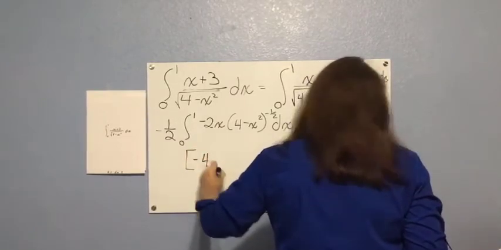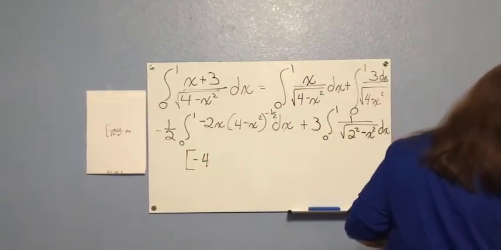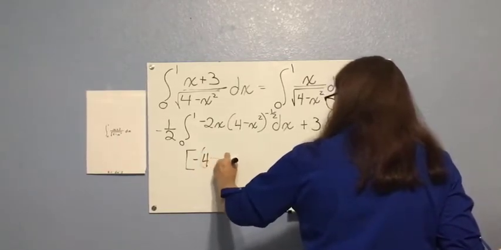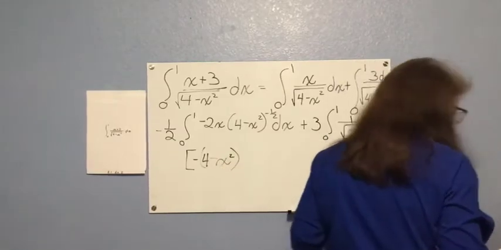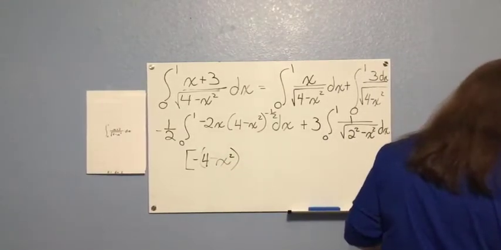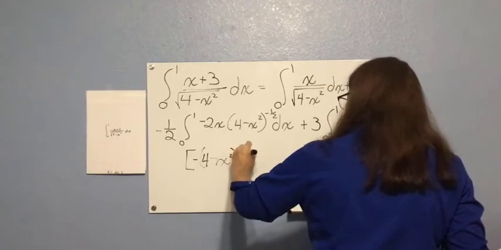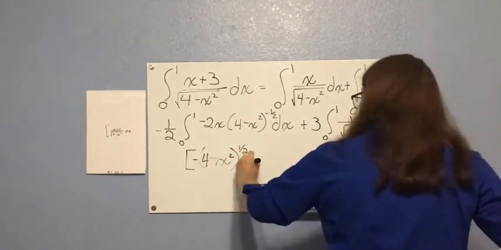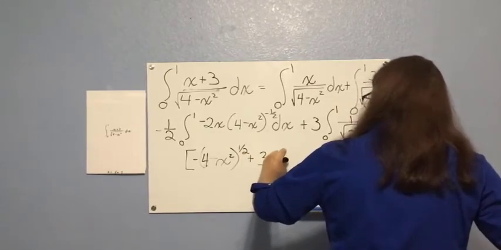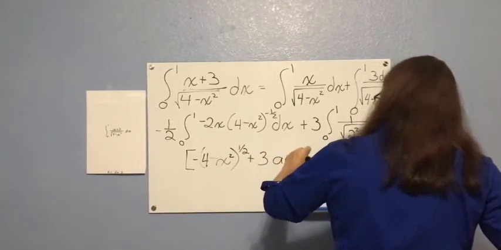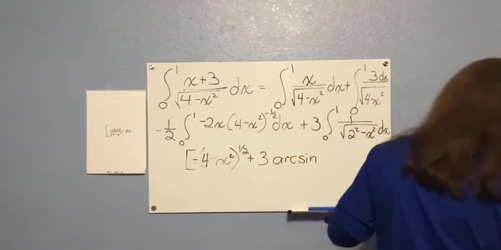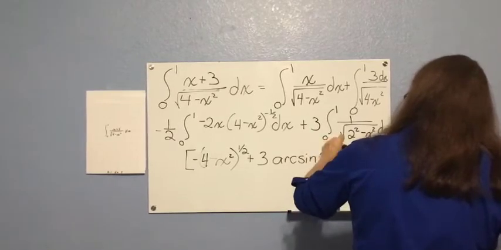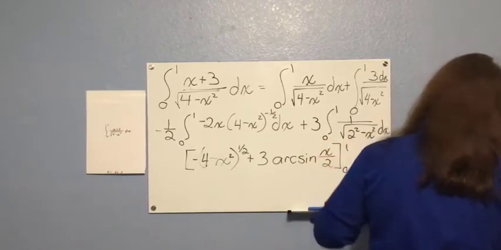I end up with negative 4 minus x squared to the positive 1/2 power plus 3 arc sine of x over 2, evaluated from 0 to 1.